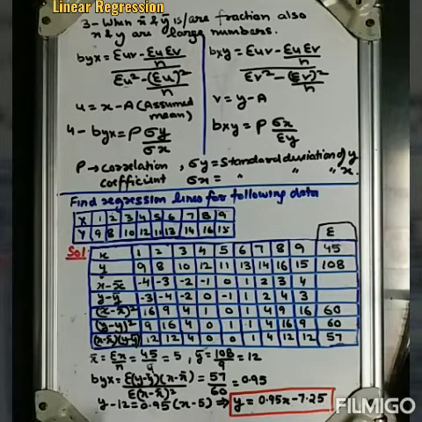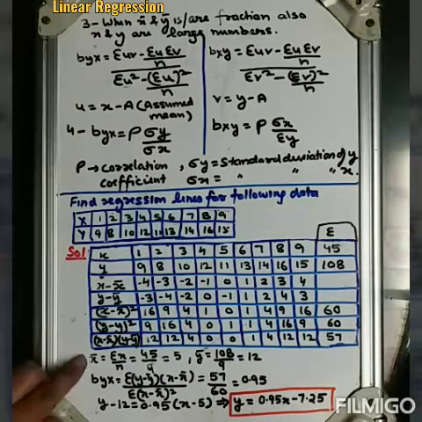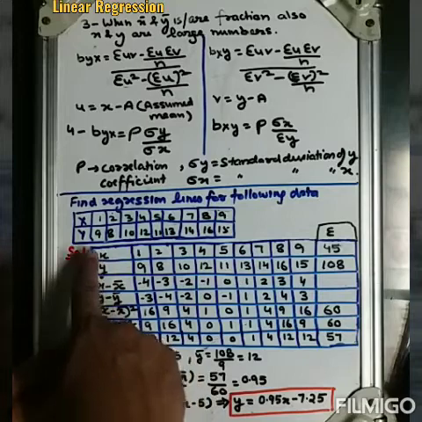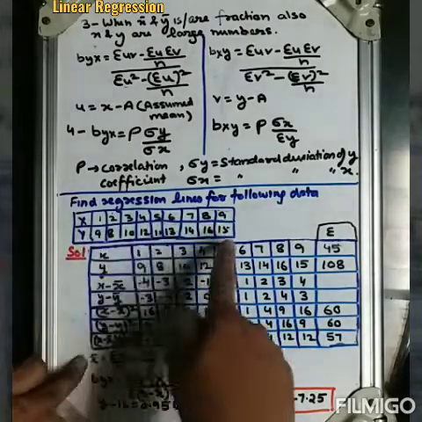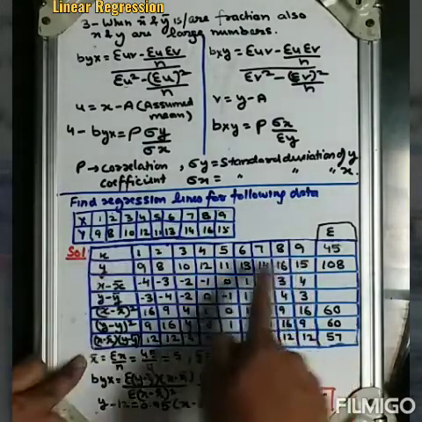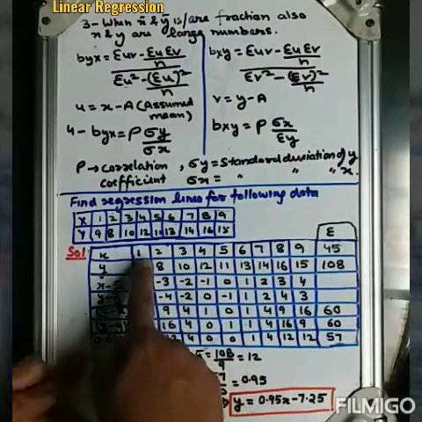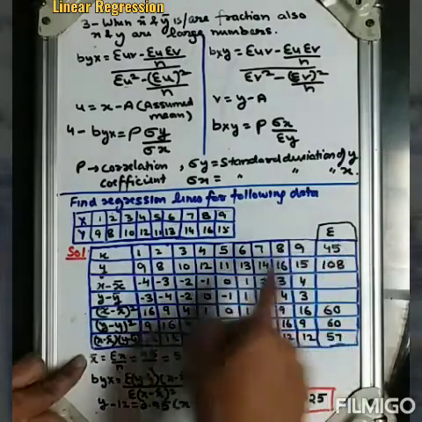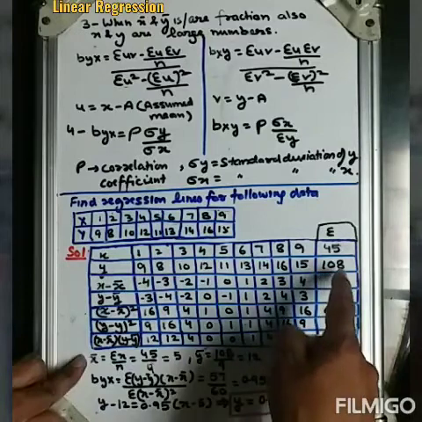Let us discuss which type of formula we have to apply. In the first formula, when x mean and y mean are whole numbers, then we have to apply the first formula. Let us first check what the means come out to be. The x values and y values are given, and I am writing them again in tabular form. The sum of all x is 45, the sum of all y is 108.